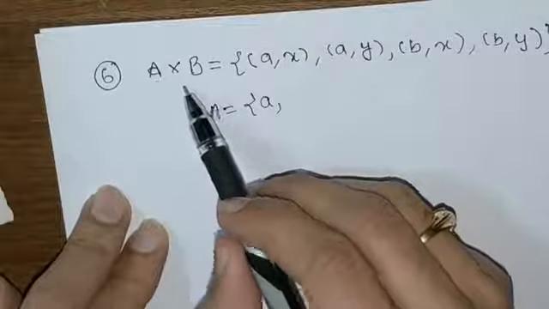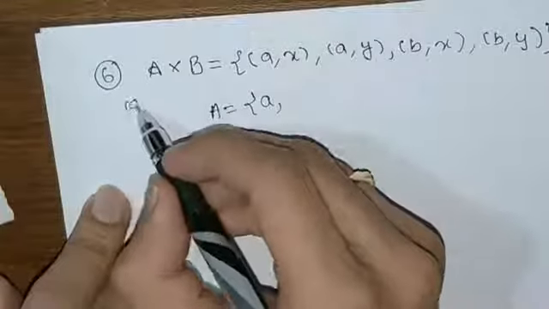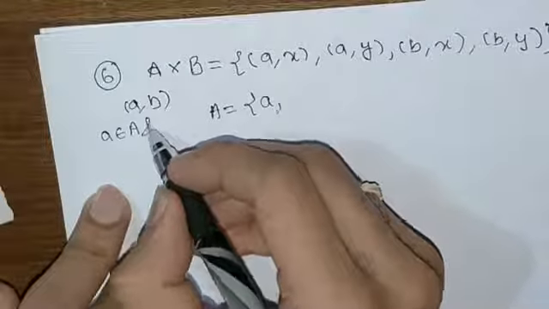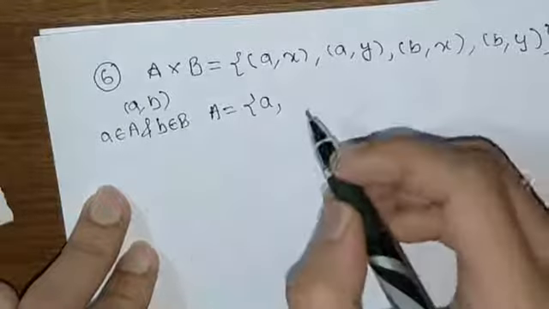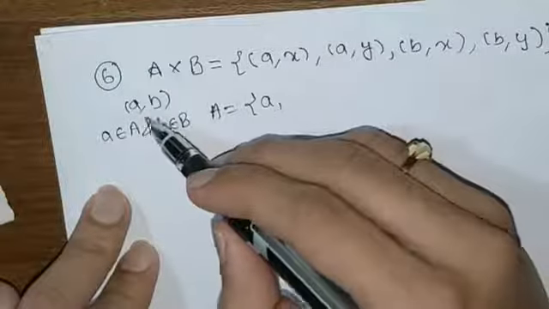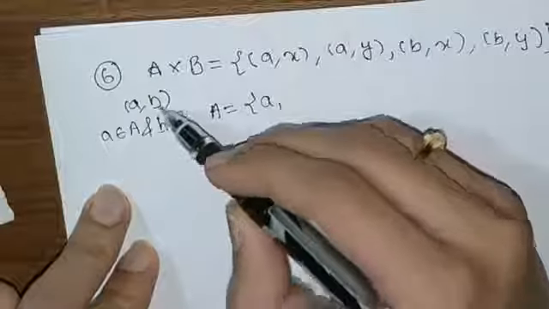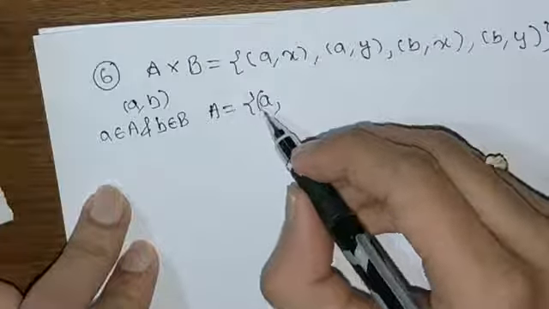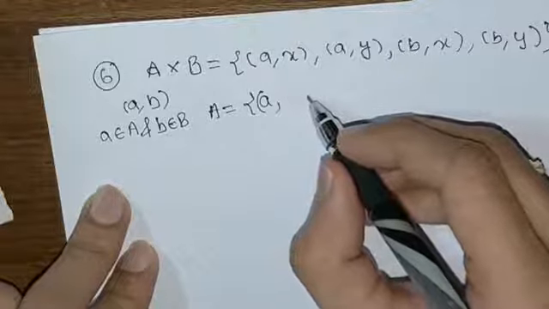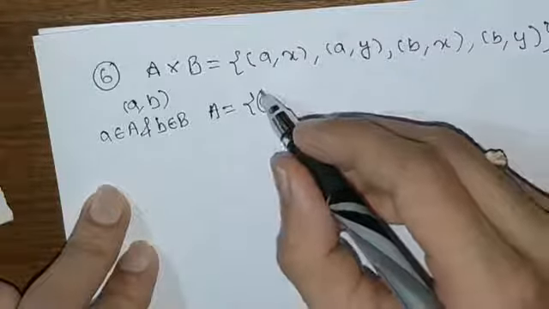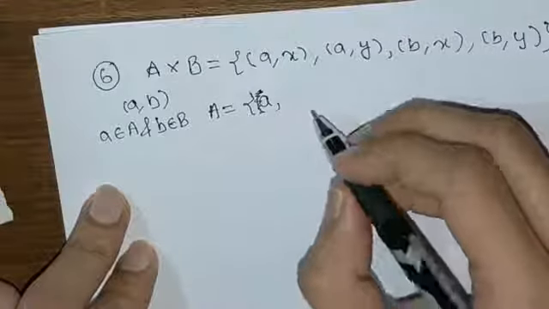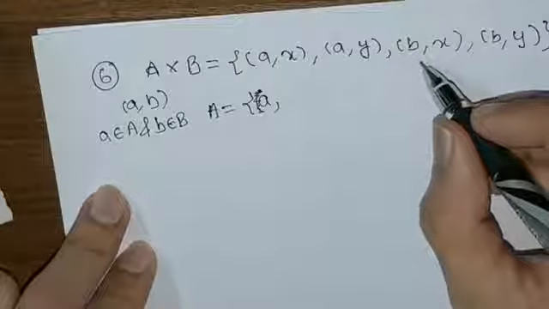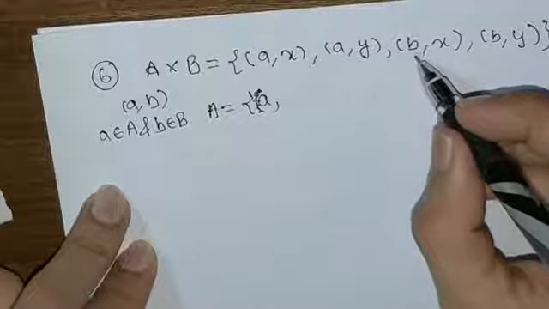because the set A cross B is the set of all elements (a, b) such that a belongs to A and b belongs to B. That is, the first element in the ordered pair will belong to A and the second element of the ordered pair will belong to B. So the element a will be there in the set A. Then you look at the next element in the first place of the ordered pairs.